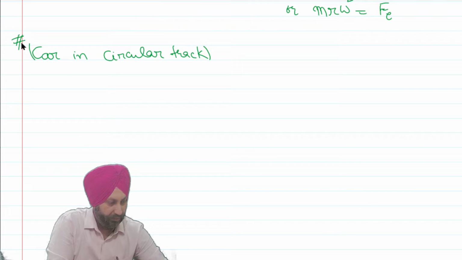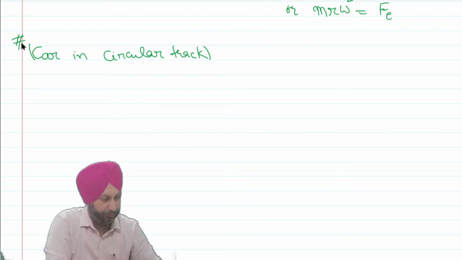First we will talk about a car on a level circular track. Okay sir, how to describe this path? See, this is a car. It is moving in a level circular track. R is the radius of the circular track, m is the mass of the car.